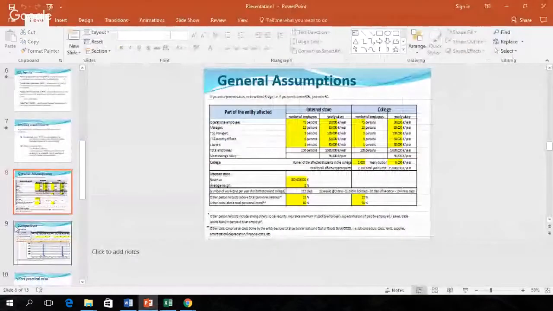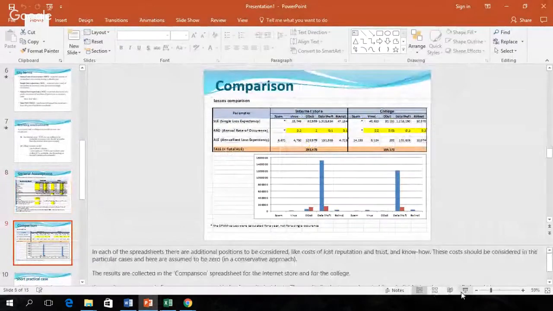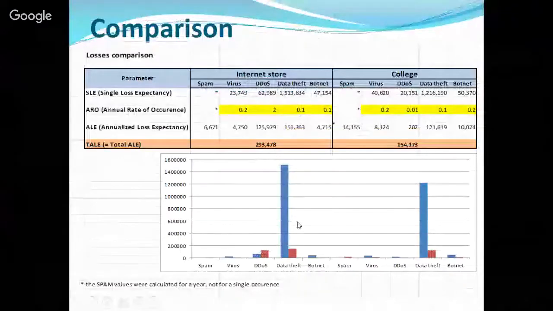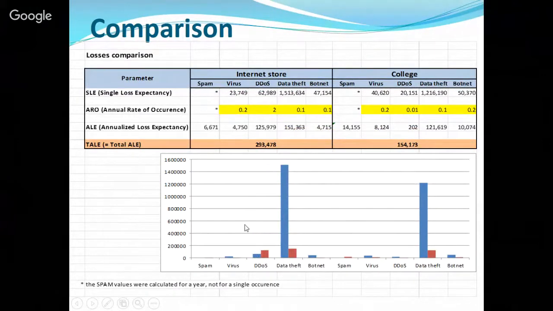Now, the presentation slide. This spreadsheet compares the results of the internet store and the college. The results represent only 5 among the numerous kinds of security incidents. The results in this top row, copied from individual analysis, are called single loss expectancy.